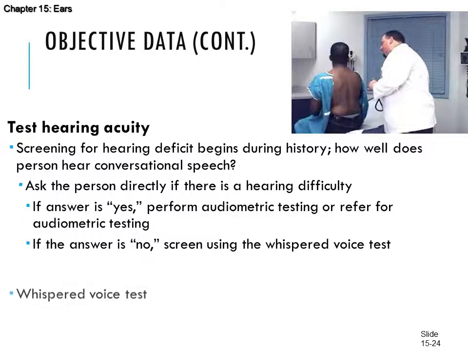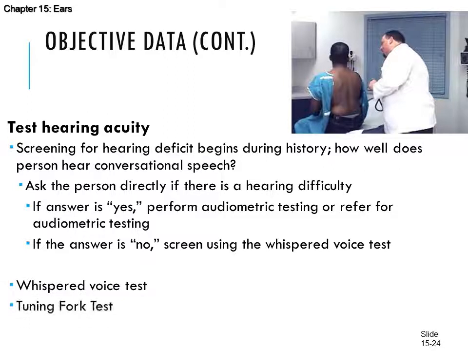Now, how do we test for hearing acuity? Well, there are a few things we can do. We can screen a patient to see if they have any ear infection or hearing loss. After you look to see that there's no obstruction, have the patient close one of their ears.